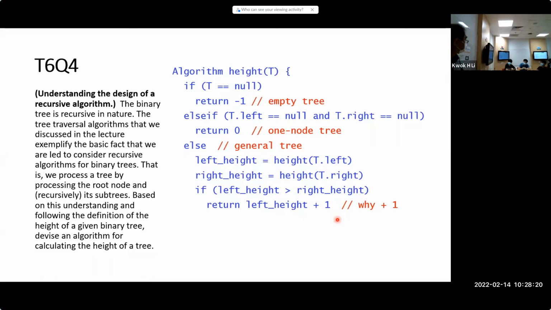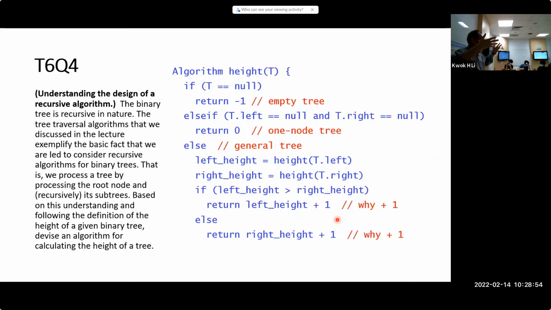This one is very systematic, right? Okay or not? This one is very clear, right? So the left sub-tree and the right sub-tree. You know that the 2 children will be asked, and for each one you add 1 and choose the bigger one. Then that will be the height of the tree.